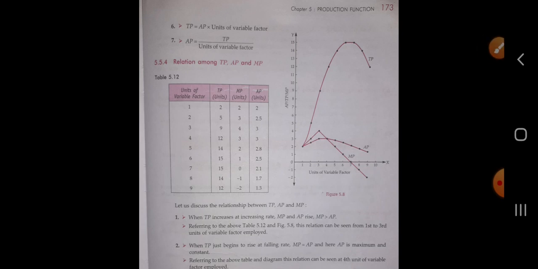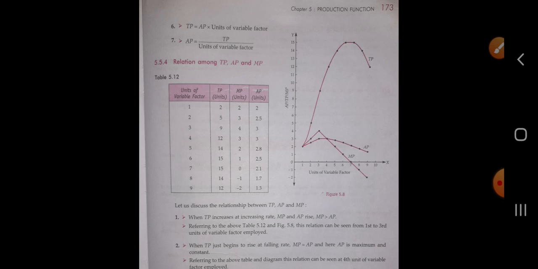So the law of variable proportion we have studied in the case of the short run return to a factor, in which MP of a factor initially rises with the employment level. After reaching a certain level of employment it starts to decline.